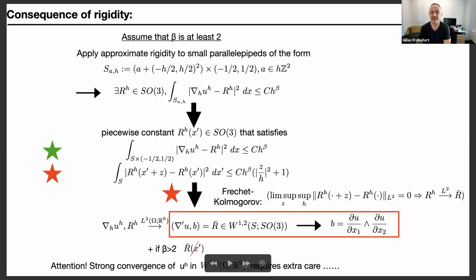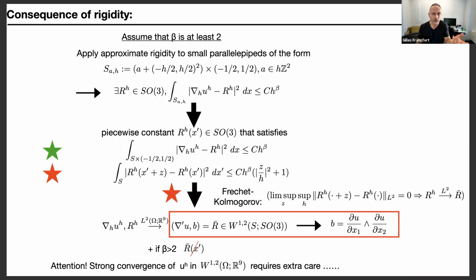So what they did is they essentially said that what I wrote on the right tells you that you have compactness in L2 of your R_h. Using a Friesecke-James-Müller type argument, R_h converges strongly in L2.